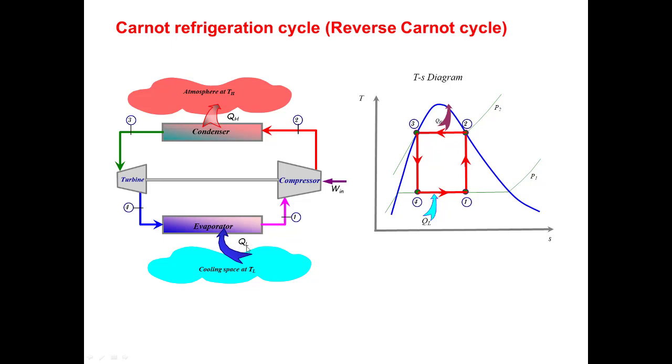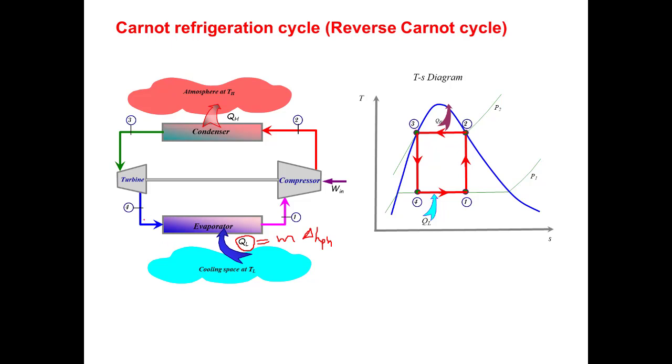The amount of the heat that is removed from that refrigeration space, as we discussed in the theory, is basically QL, that should be equal to the mass flow rate of the refrigerant times delta h, where delta h is the enthalpy difference of the phase change, right?